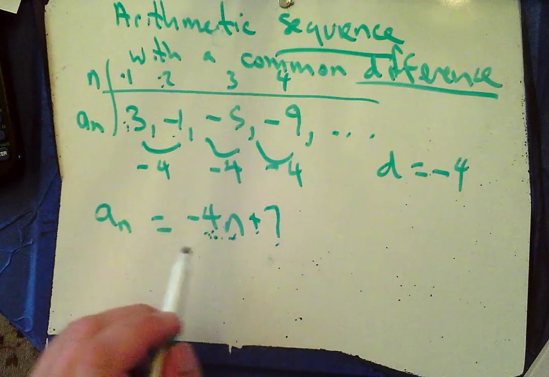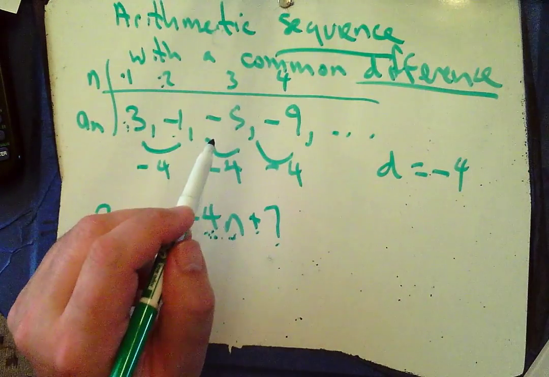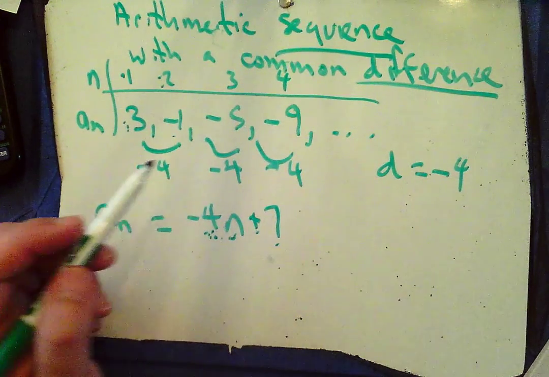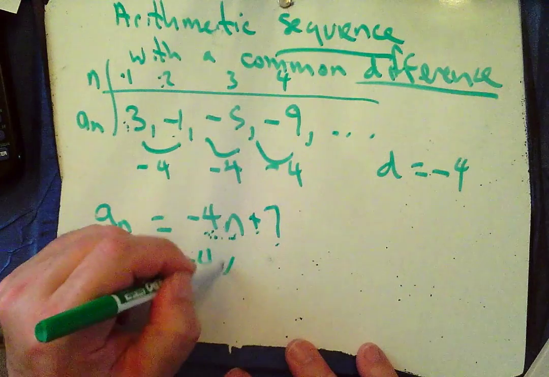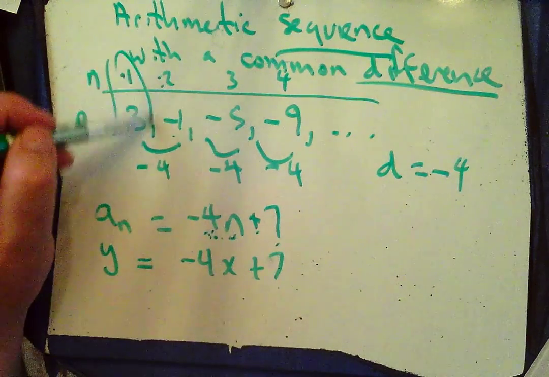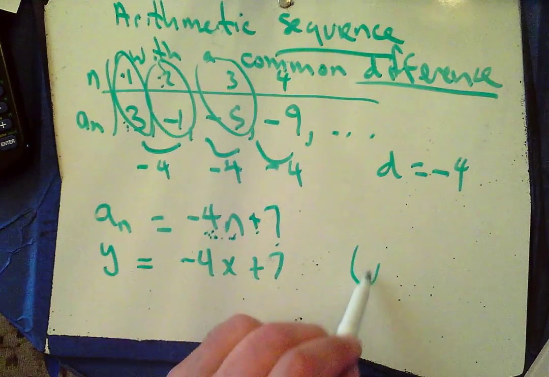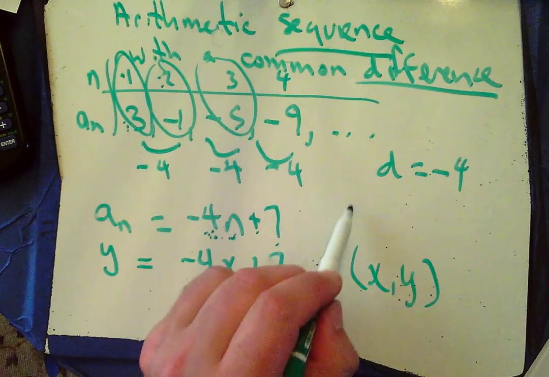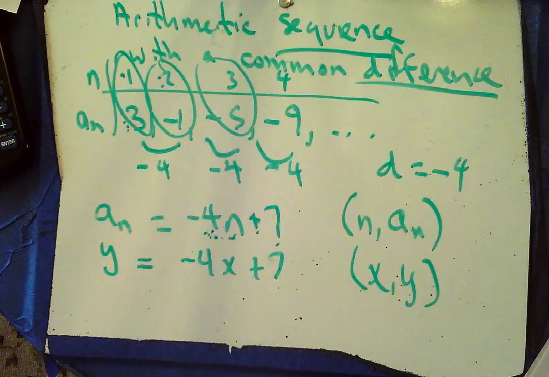So here's our arithmetic rule for this sequence. Now, I don't know if you noticed this, but this is very similar to y equals negative 4x plus 7. In fact, you could think of these like synonyms, where these are ordered pairs, except instead of x, y ordered pairs, we've got n comma a sub n ordered pairs.